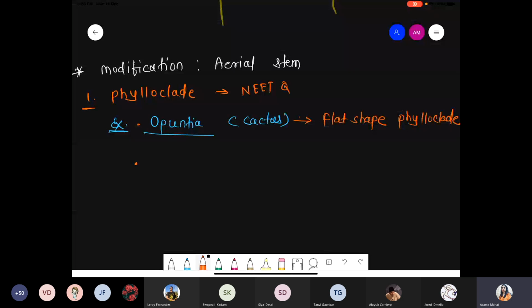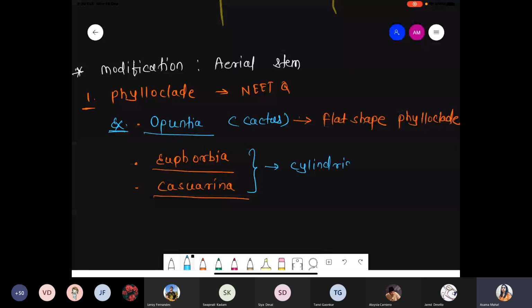When you compare this with another example, Euphorbia, and the next example, Casuarina. Euphorbia and Casuarina are two examples where phylloclades are present, but the shape of the phylloclade is cylindrical.